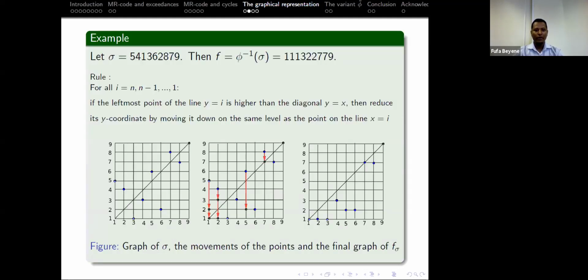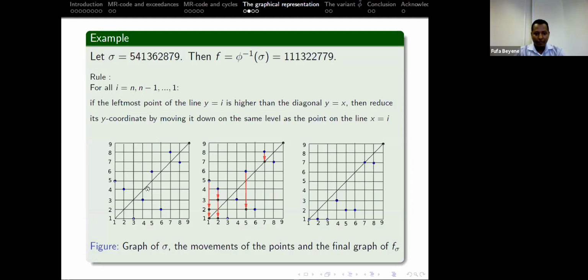So this will be better explained in the following example. Take sigma here in S_9. You can use whatever method you want to come up with the corresponding subexceedant function. f was equal to this one. Now we see how to apply the above procedure, the graphical construction, to come up with the graph of f from the graph of sigma.